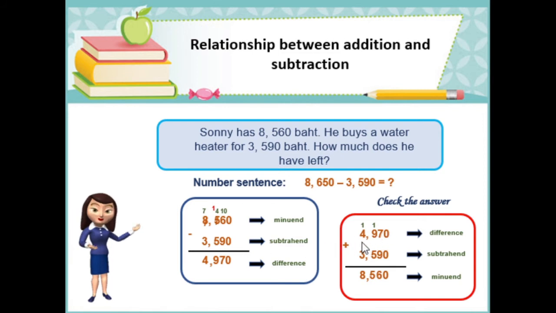So it's 4,970 plus 3,590. That gives us the total of 8,560. 4,970 is the difference, 3,590 is the subtrahend, 8,560 is the minuend, which is equal to our minuend over here, 8,560.